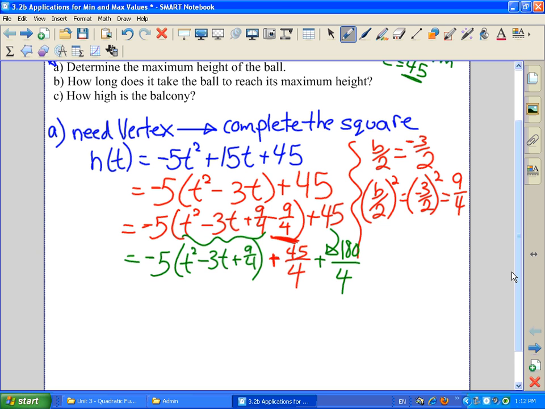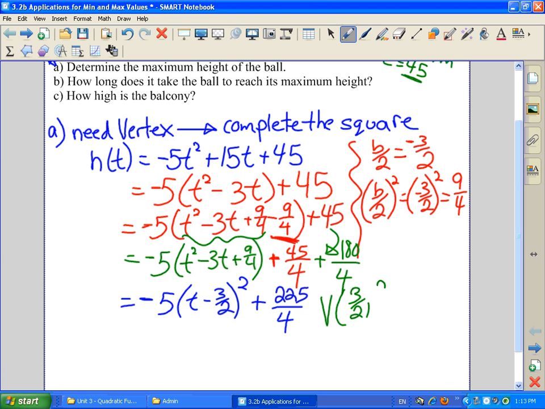All right. Now we can actually complete the square. So we've got negative 5, and we're going to go t minus 3 over 2 squared. And then we add these together: plus 225 over 4. So folks, our vertex in this case is 3 over 2, comma 225 over 4.